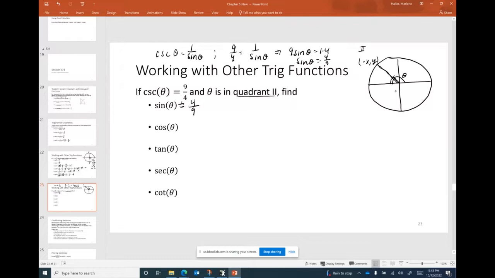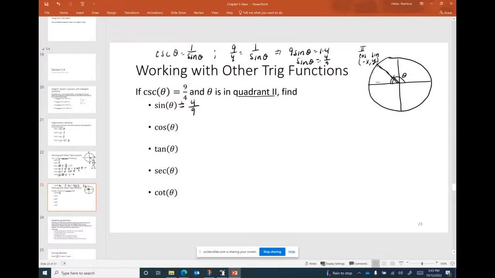So this right here, the double bar angle, is our reference angle. And look, it has the same cosine and sine, because cosine is the x-coordinate and sine is the y-coordinate in the unit circle. It has the same cosine and sine as our angle theta.